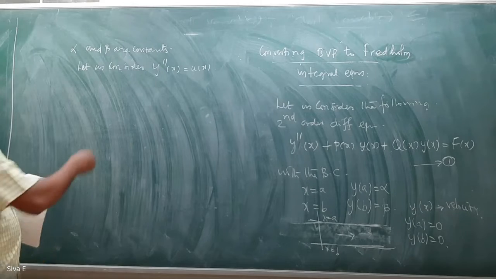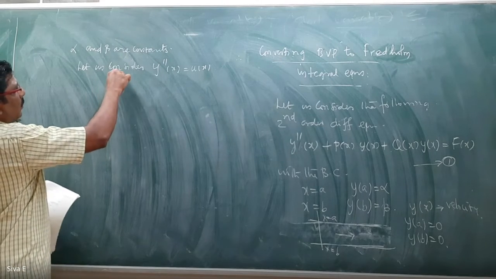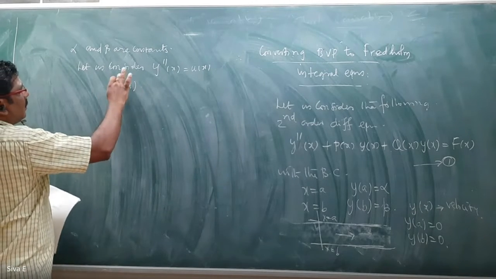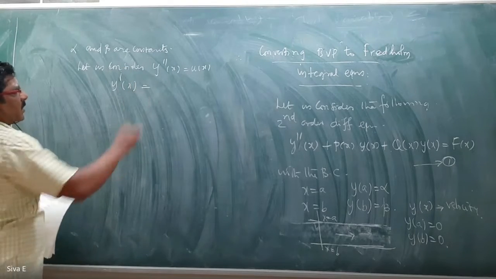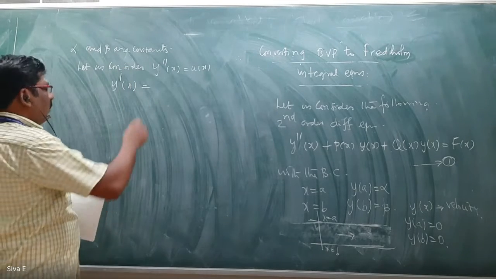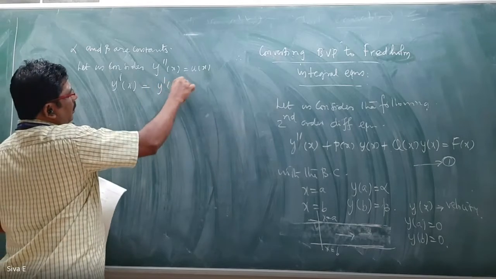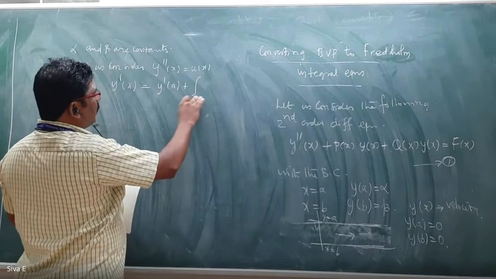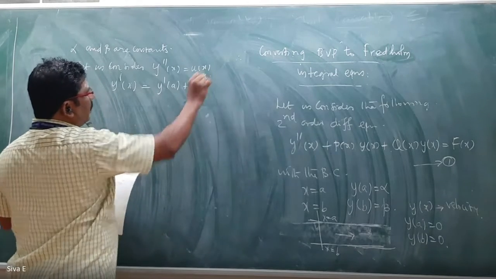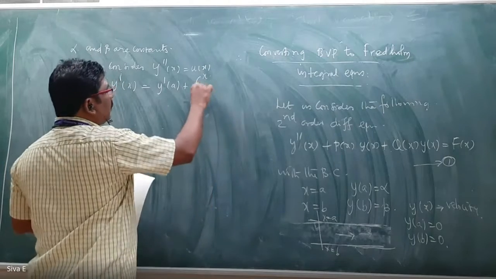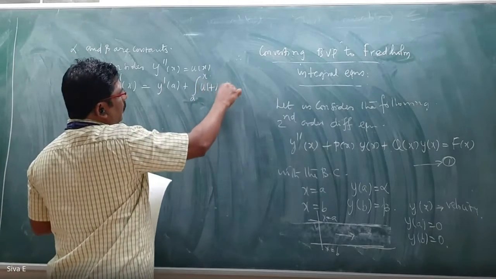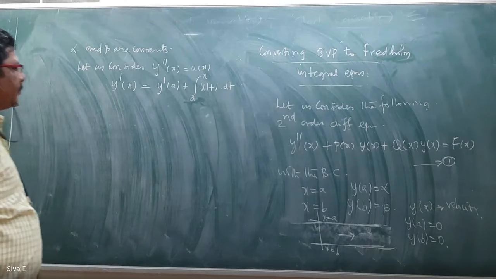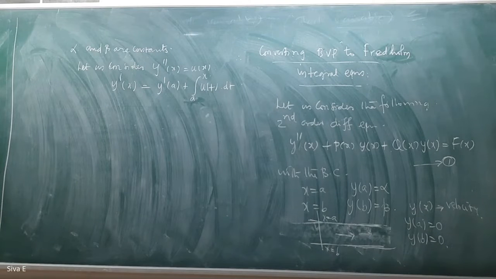If you are integrating one time on both sides, y dash of x equal to y dash of a plus integral over a to x of u of t dt. So y dash of x equals y dash of a plus integral from a to x of u of t dt.